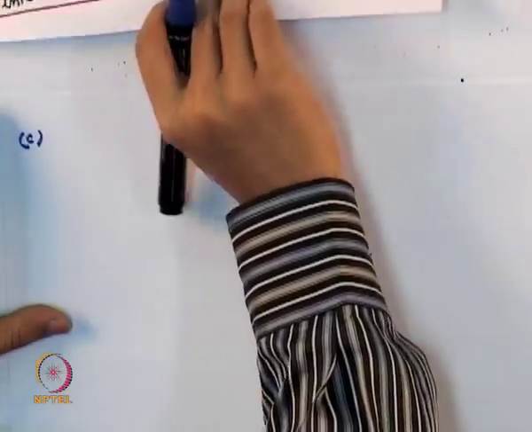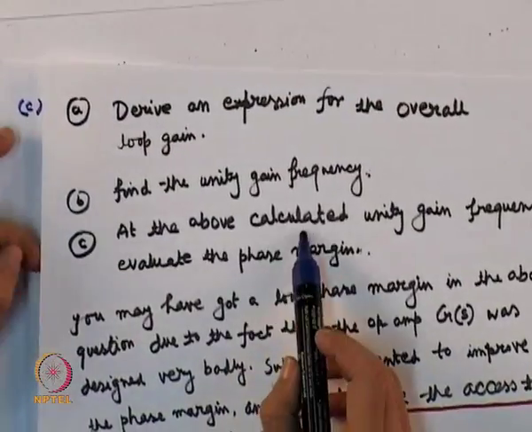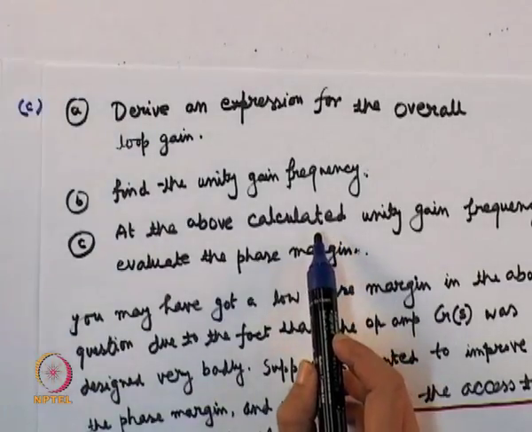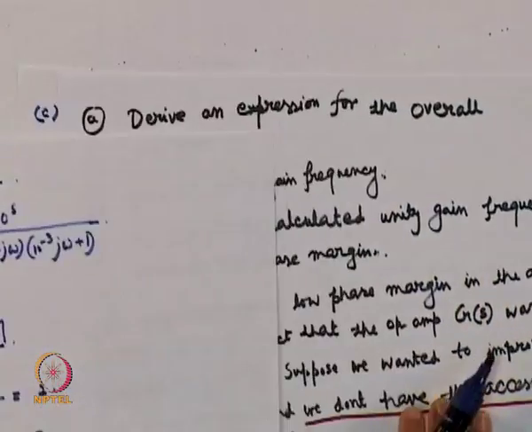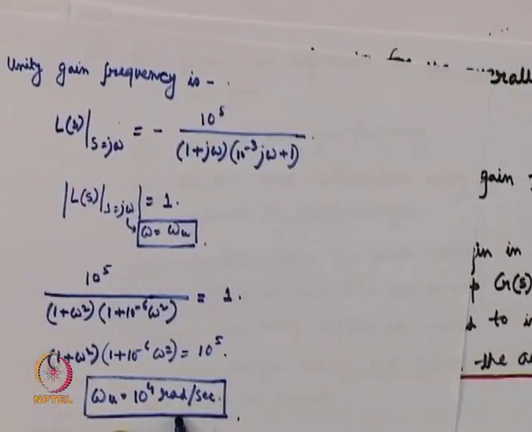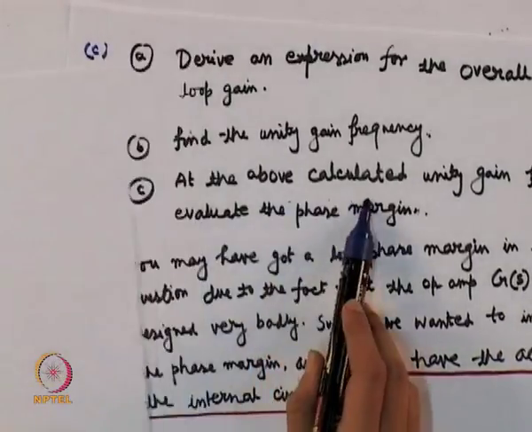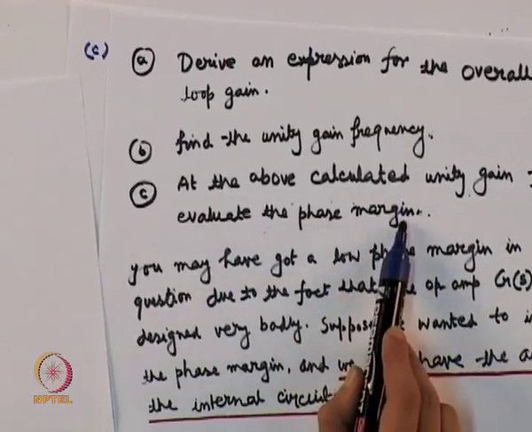The C part, what we have been asked to do, is at the above calculated unity gain frequency. So, this is our unity gain frequency. At the above calculated unity gain frequency, evaluate the phase margin.